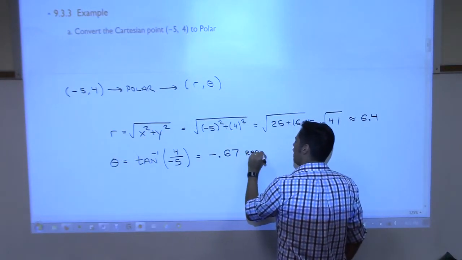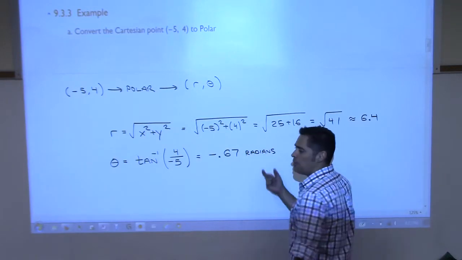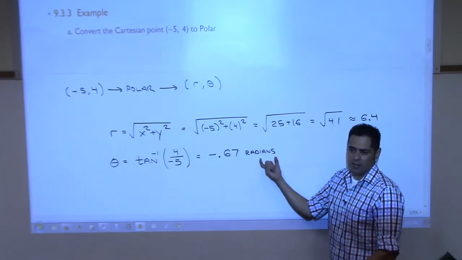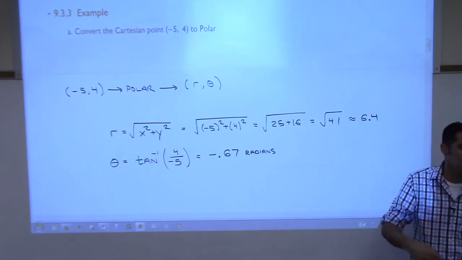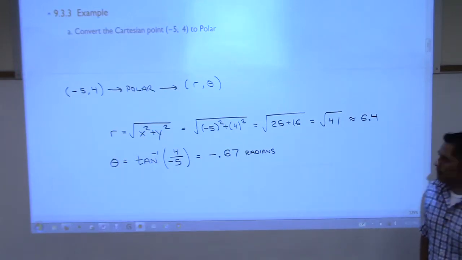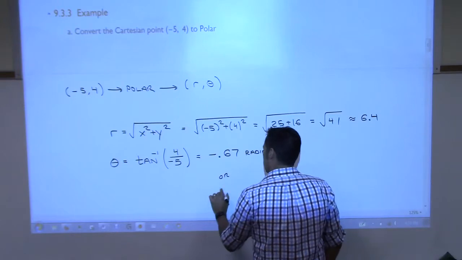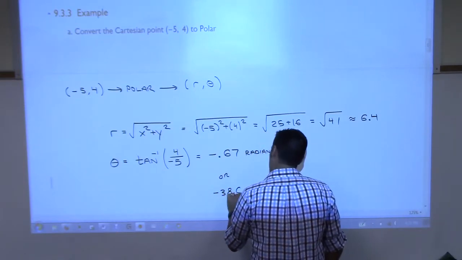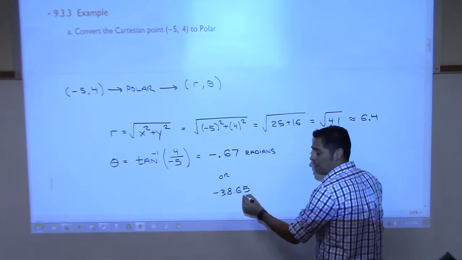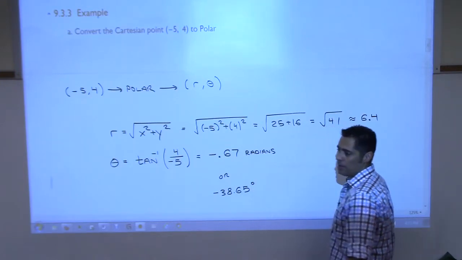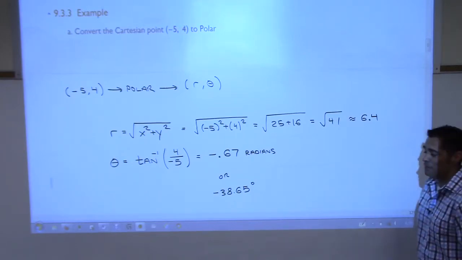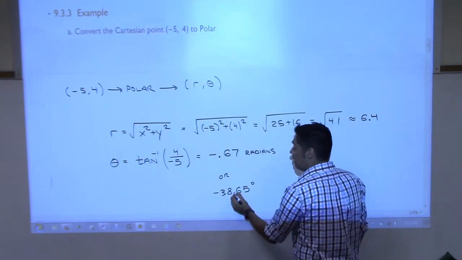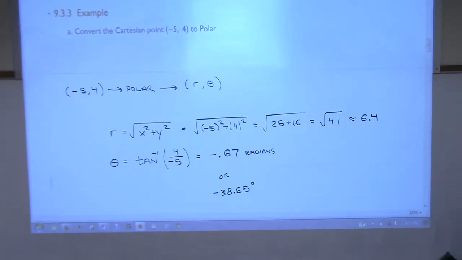So I'm going to put radians here. You don't have to put radians. It's understood that it's radians. I'm just putting radians to remind you. Now, if you had been in degree mode, what would you have gotten? -38.65. When you write something like this, you have to put the degree symbol or else it is incorrect. If you put -38.65 without the degree symbol, then that means -38.65 radians, which isn't the same.